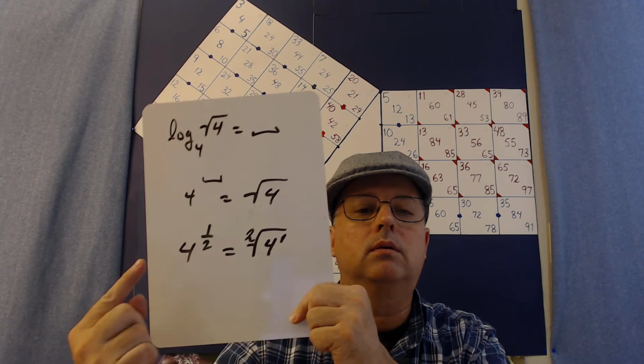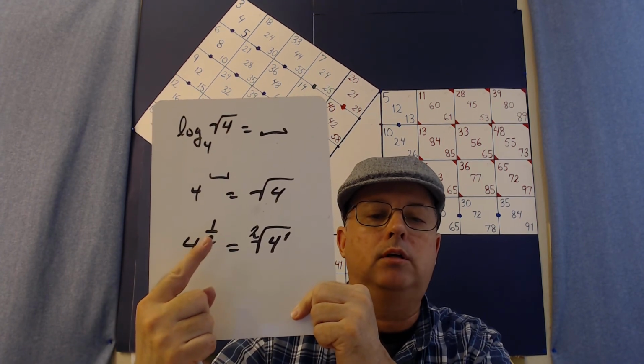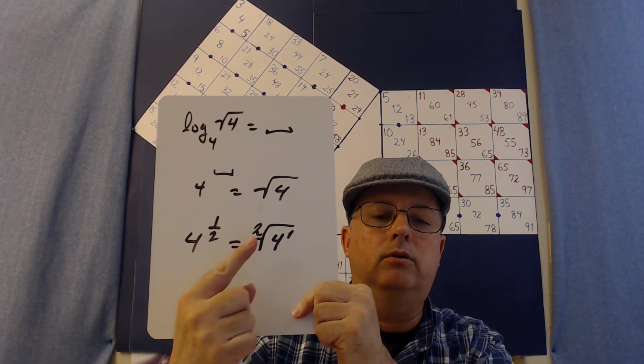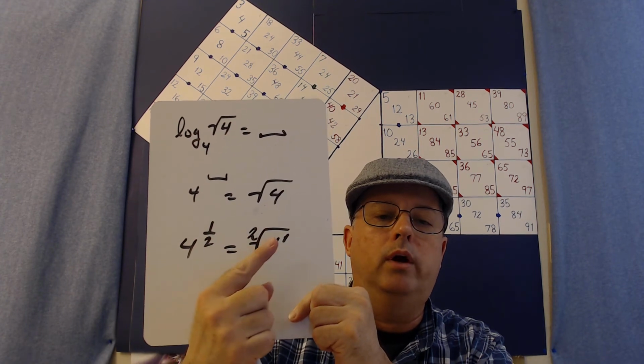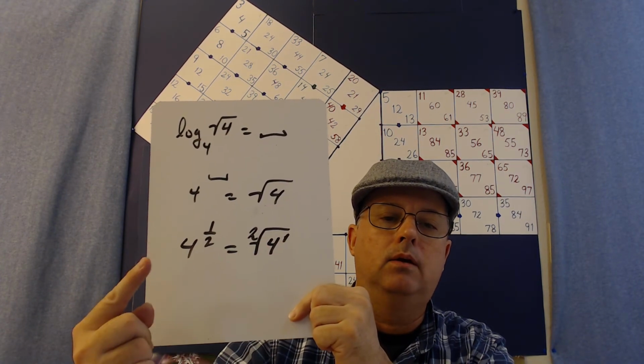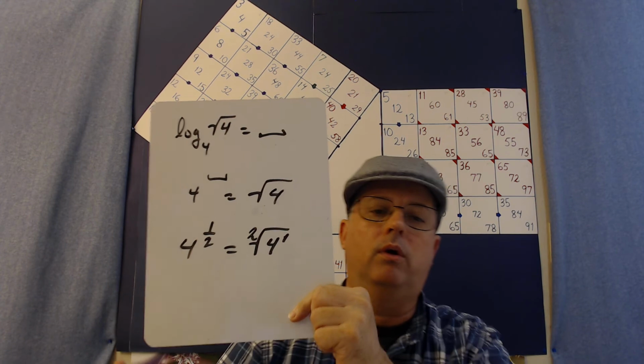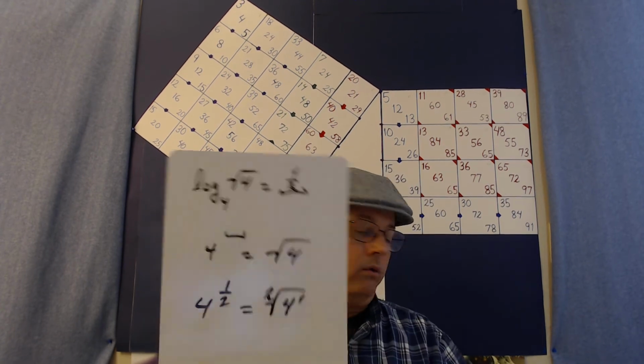Isn't that how it works? That when we have a fractional exponent, the denominator is our root and the numerator is our power here. So it's 4 to the 1/2.